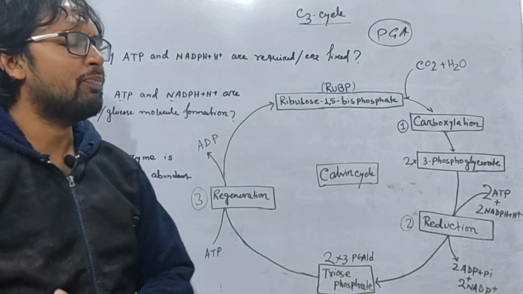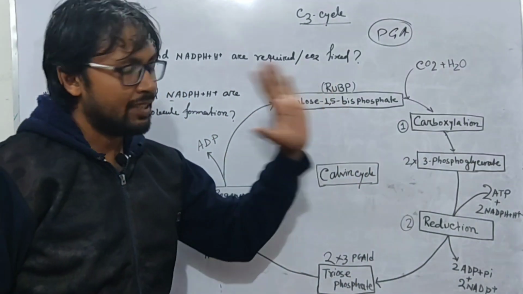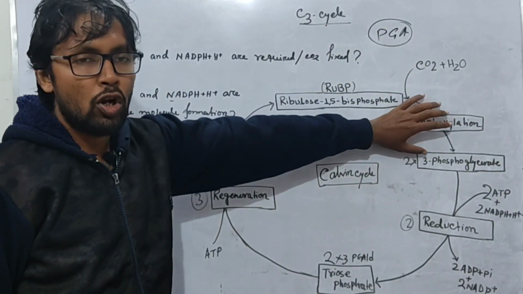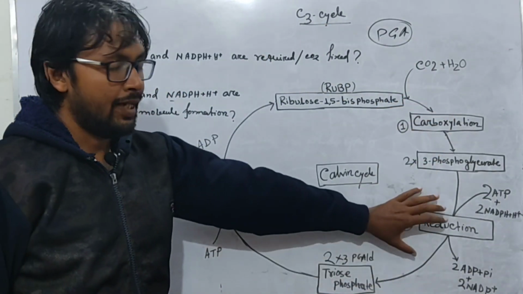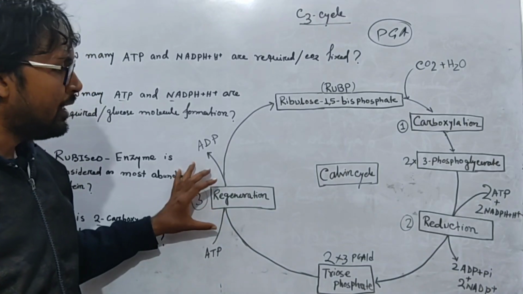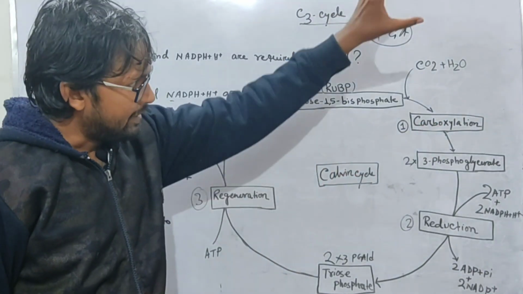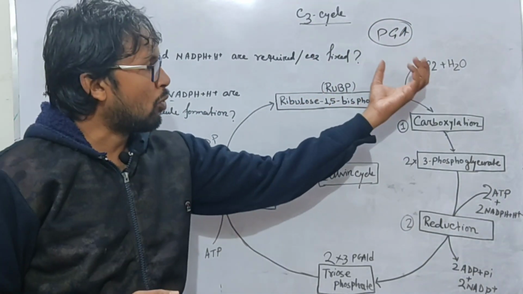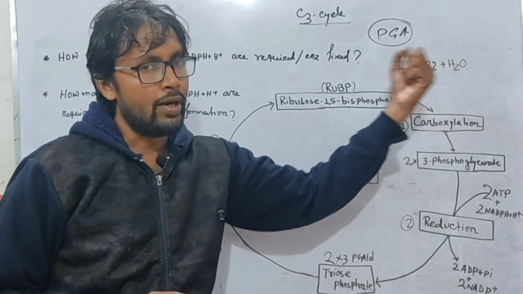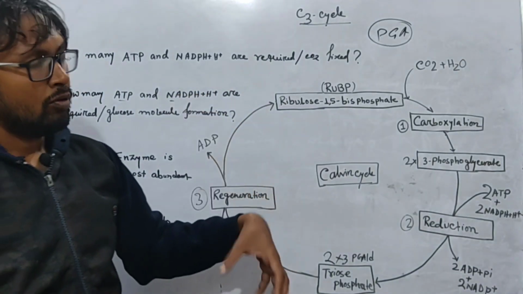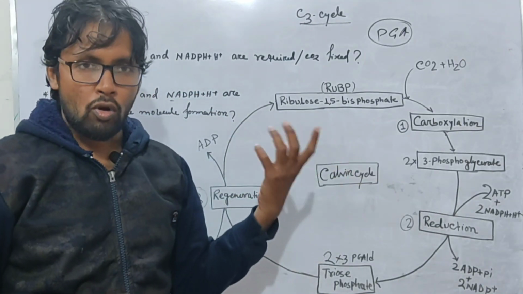We all know, we briefly discuss here. It has 3 parts. One is carboxylation, we all know. Another is reduction. Another is regeneration. Carboxylation means taking up carbon dioxide from the atmosphere, and water through roots.